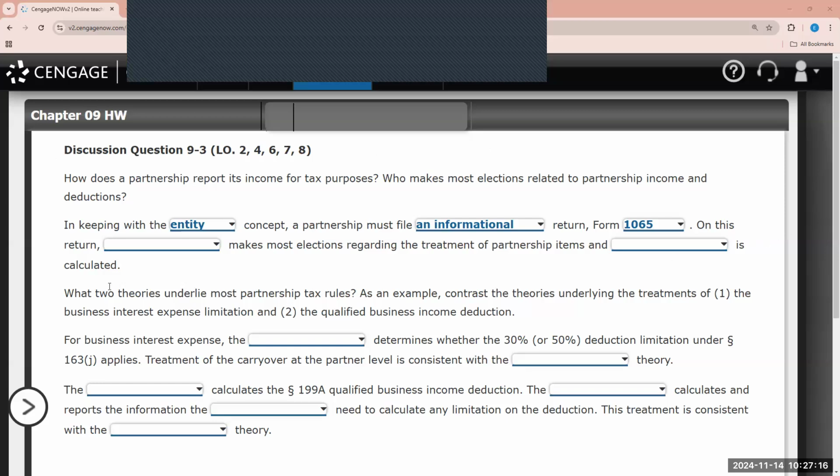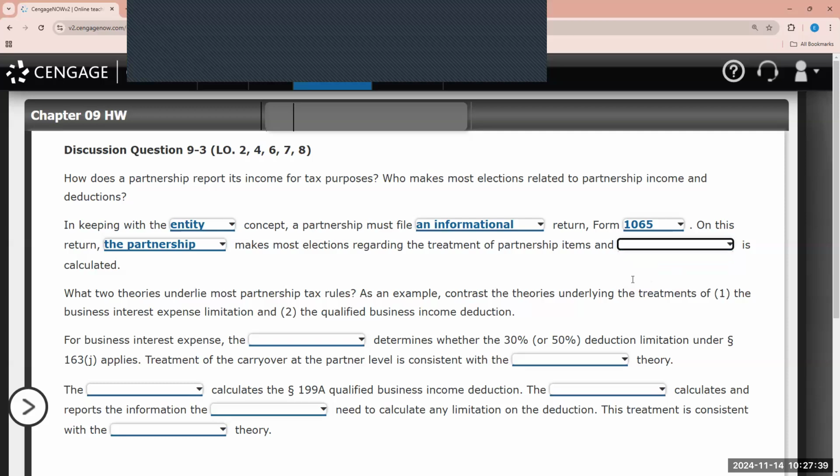So we move on to the next sentence. It says, on this return, blank makes the most elections regarding the treatment of partnership items, and blank is calculated. So generally, the partnership makes most of the elections. The partner does make some elections, but for the most part, it's the partnership that makes most of the elections.